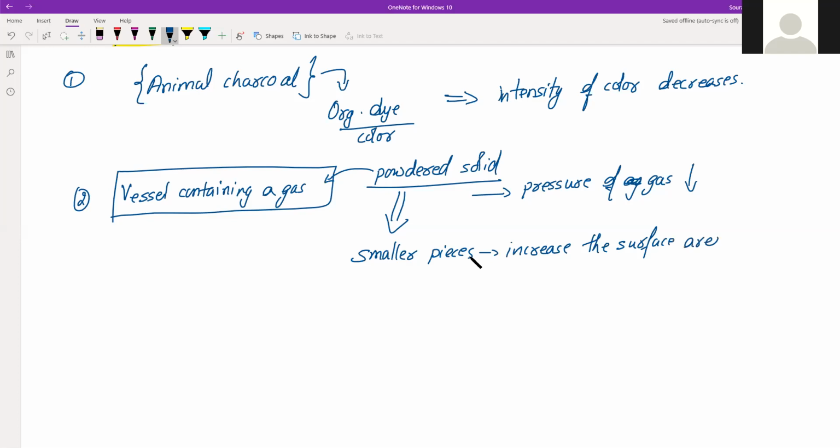And we have already seen that adsorption happens on the surface, so the more the surface area, the more the adsorption. That's why the pressure of the gas in the vessel will decrease. Right. So that was the second example.